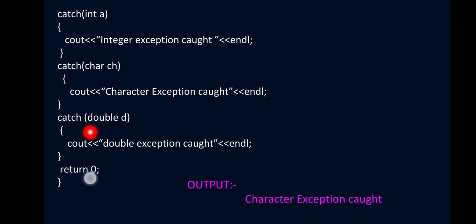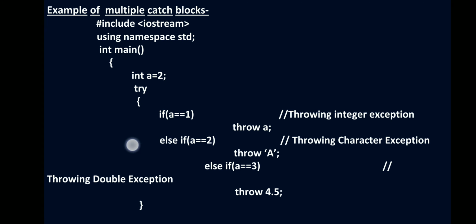So now let us see what will be the output of this program. Initially, what is the a value? The a value is equal to 2. So if the a value is 2, then what type of exception am I throwing? I'm throwing a character exception.